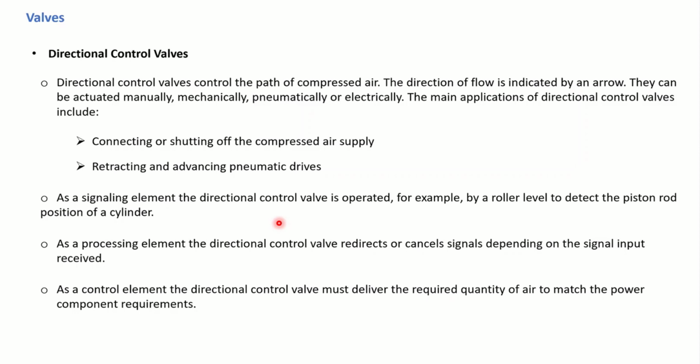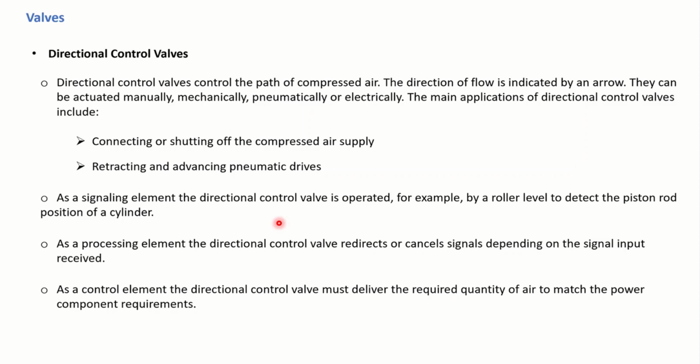We already saw how many different forms of actuation we can have for a directional control valve when we were using the configurable one, and also we saw in FluidSIM that we have different forms of actuation that are already designed, like a directional control valve with mechanical actuation, pneumatically actuated, or electrically actuated.